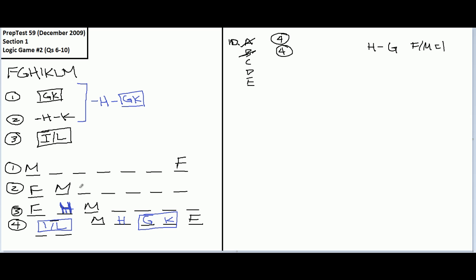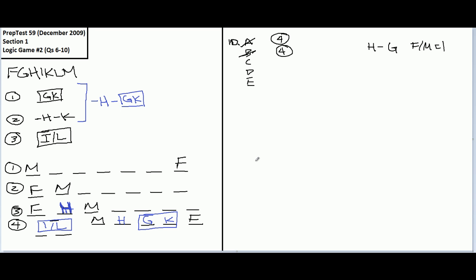Because in this world we know that H is between M and G. In these 2 worlds, M is up here, and then we're looking to replace this rule. So in this world, H is always going to be before G and K, and so it seems like it describes the same set of possibilities. So let's hold on to answer choice D as well.